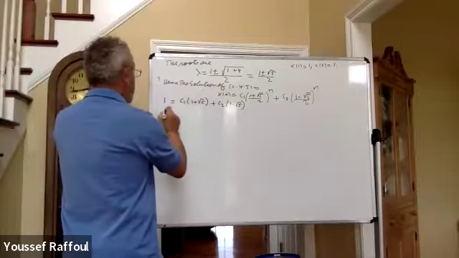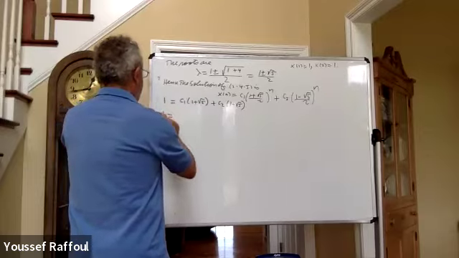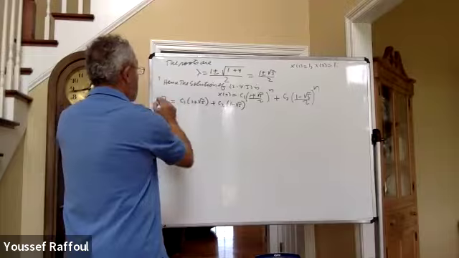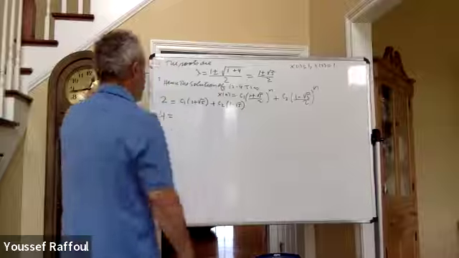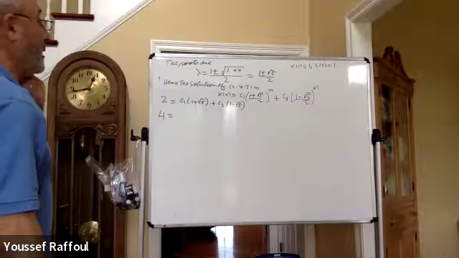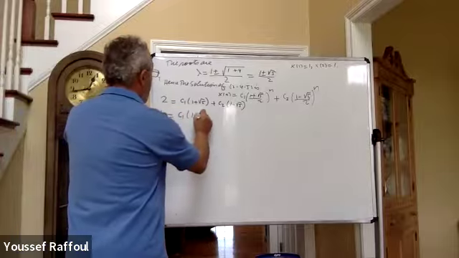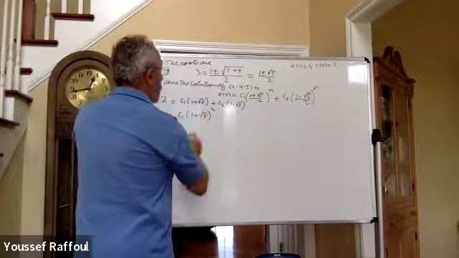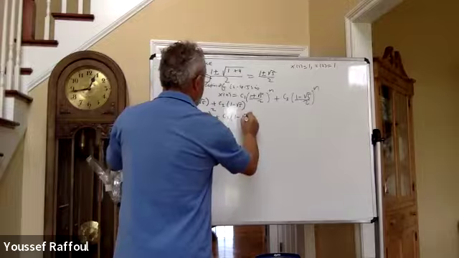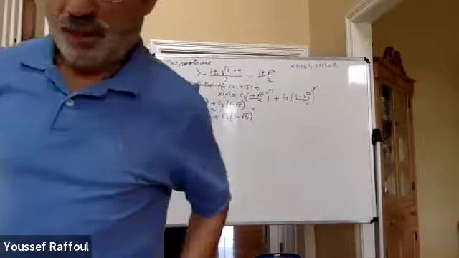For n equal to 2, I'm going to have 1 equal to, or may I say 4? No, this is 2 correct, because I multiplied by the denominator. And 4 is C1 (1 plus square root of 5) squared, plus C2 (1 minus square root of 5) squared.